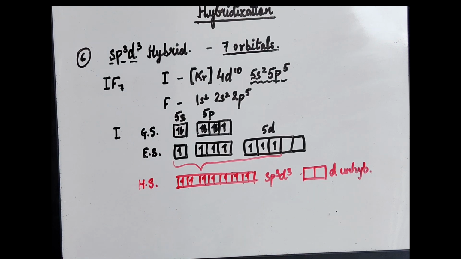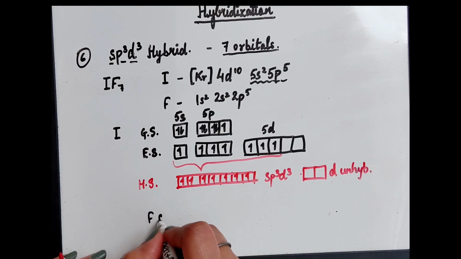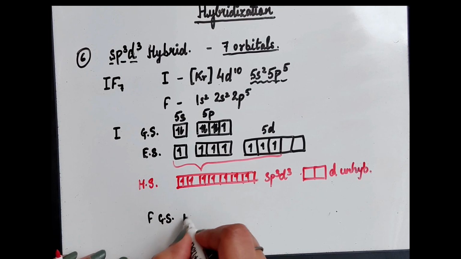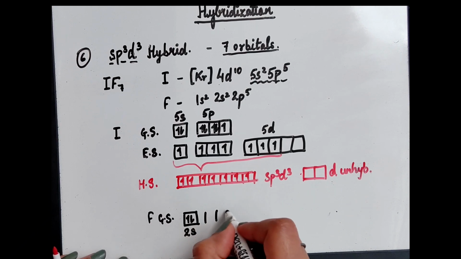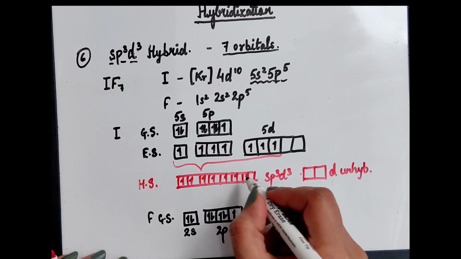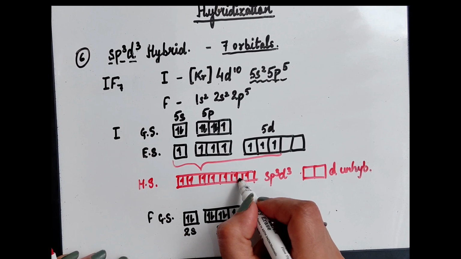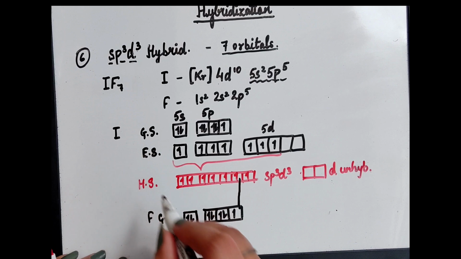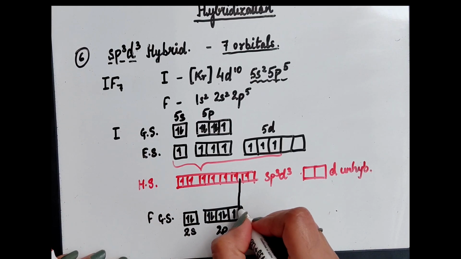Alright, and then for fluorine, the ground state is 2s and 2p5. So now there will be bonding between iodine and fluorine to complete its octet.